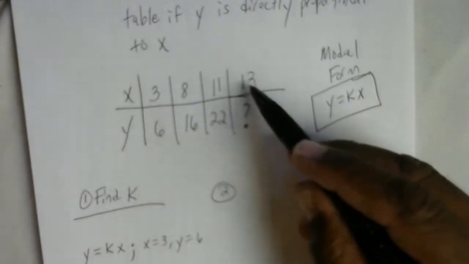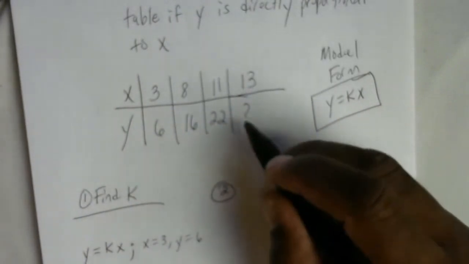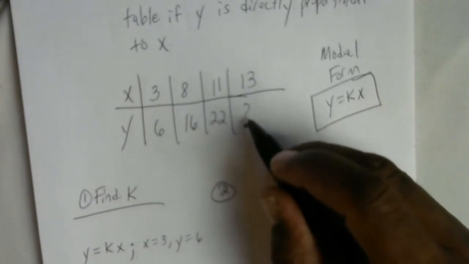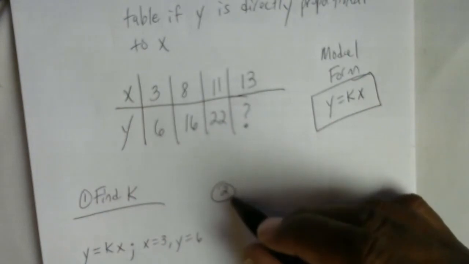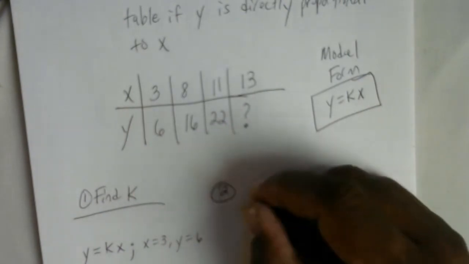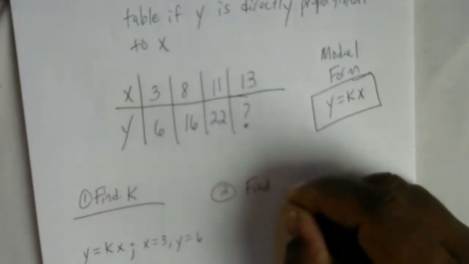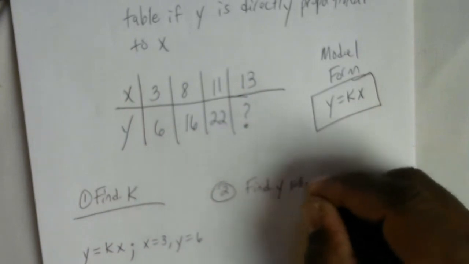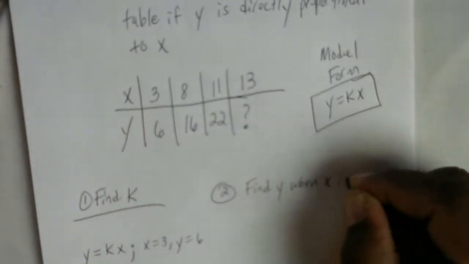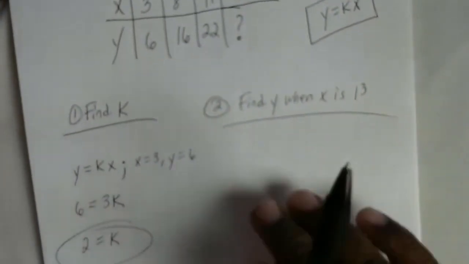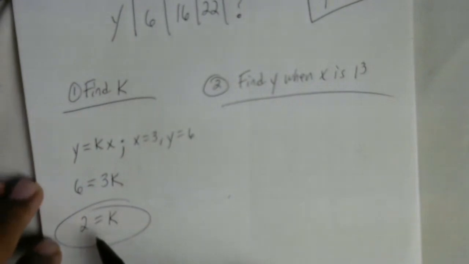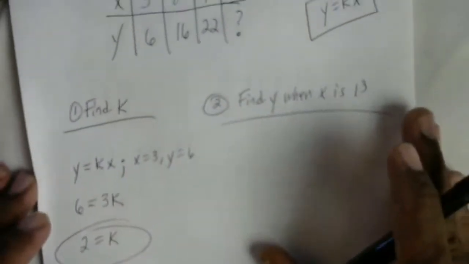So now I want to find y when x is 13. All right, so the second thing we're going to do is find y when x is 13. How do we do that? Well, in the previous result, we found that 2 is equal to k.